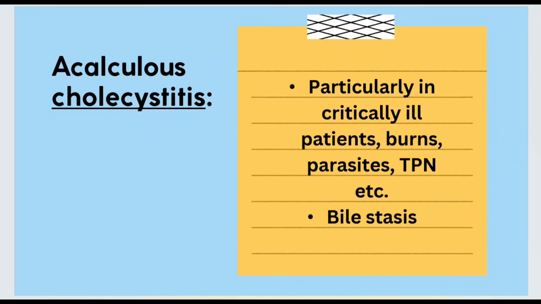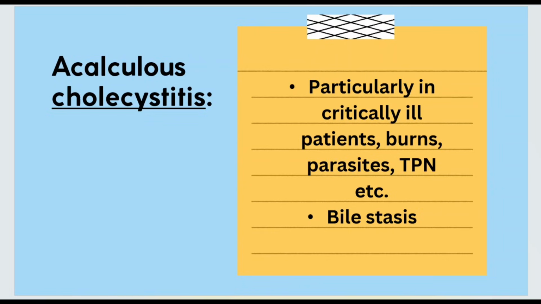Next, coming to the rare variety, that is acute acalculous cholecystitis. These cases are seen in critically ill patients, burn patients, parasitic infestation, or patients who are on total parenteral nutrition for a long duration of time. So these are some cases where we can see acalculous cholecystitis.